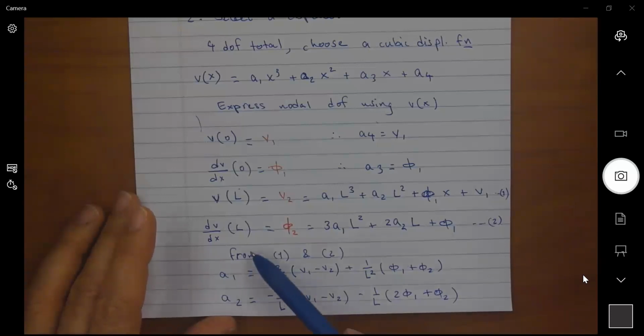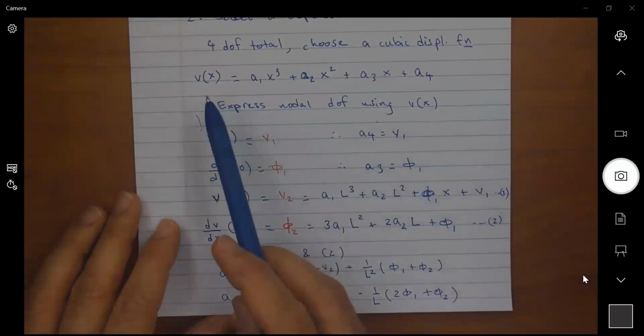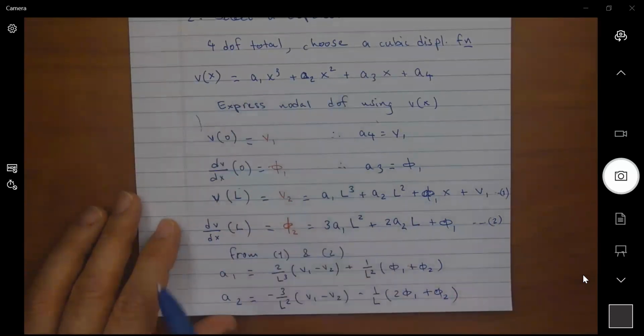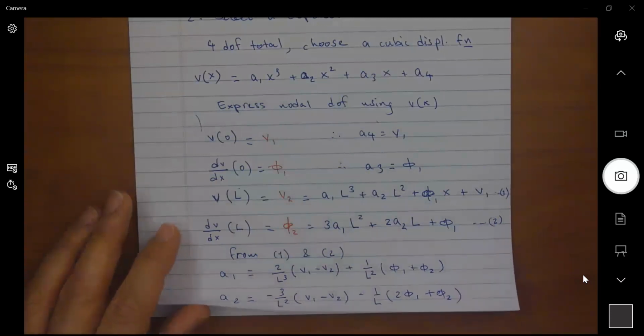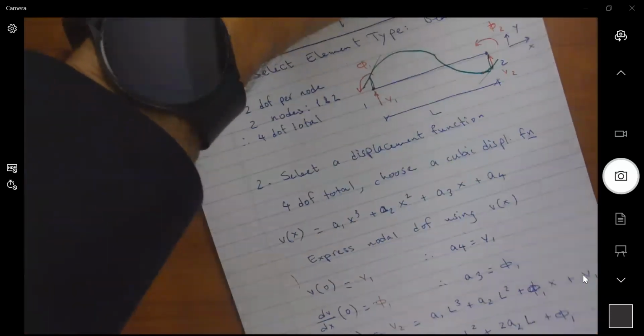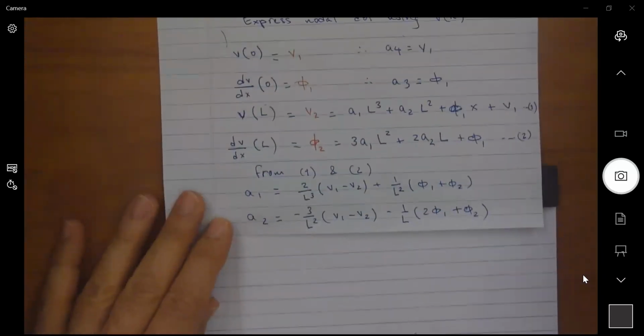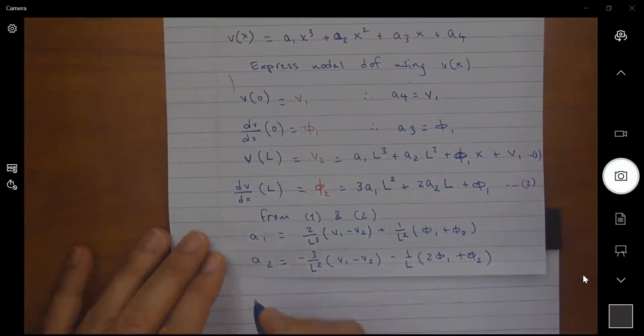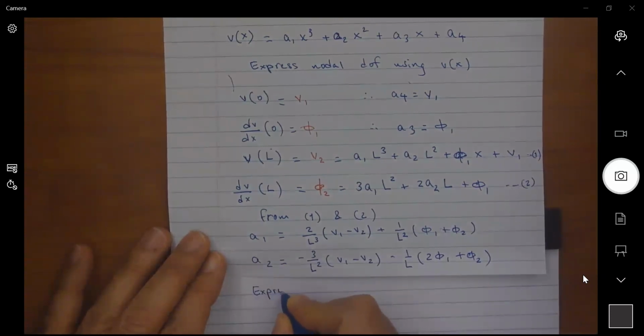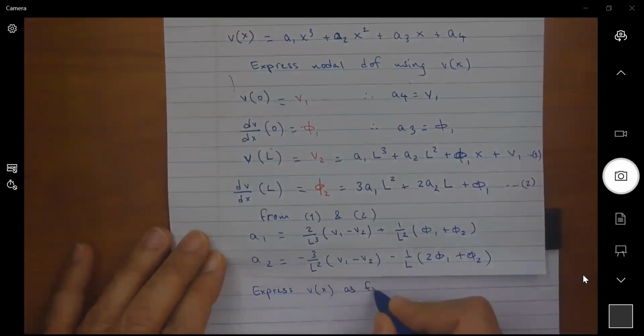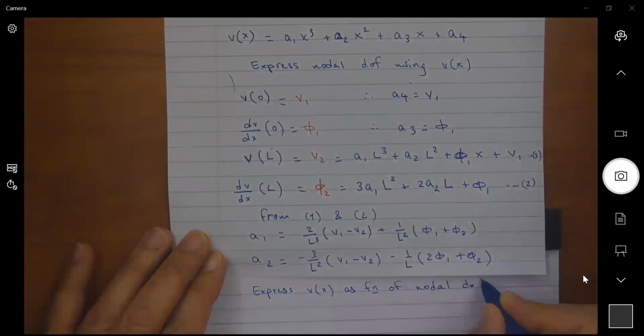So having solved for A1, A2, A3, and A4, I can come back and express the displacement function in terms of nodal degrees of freedom. So now we can express v of x as a function of nodal degrees of freedom.